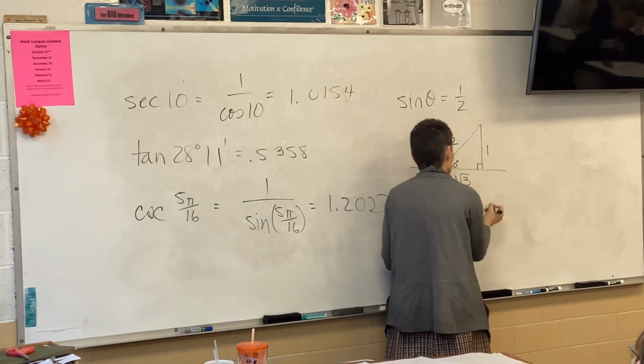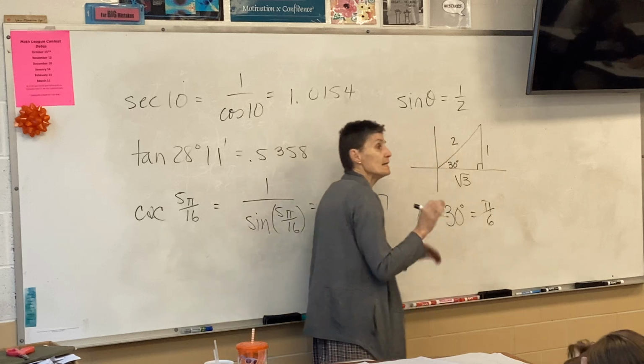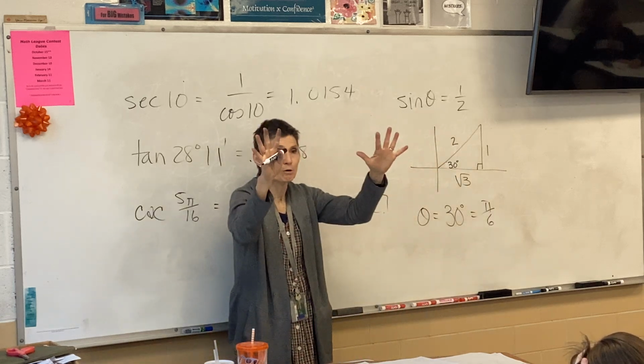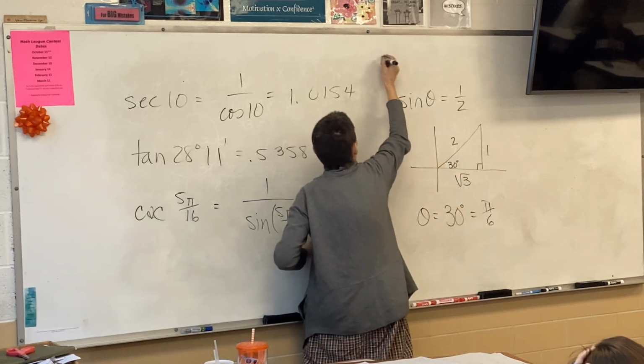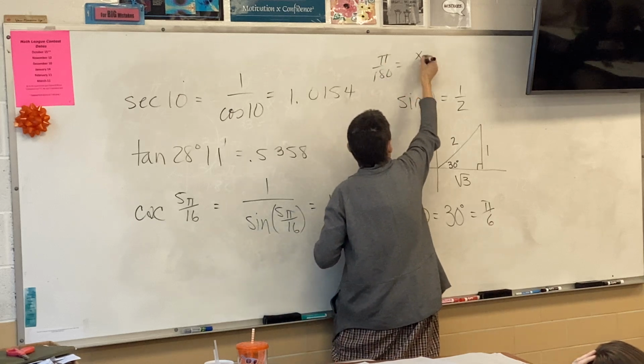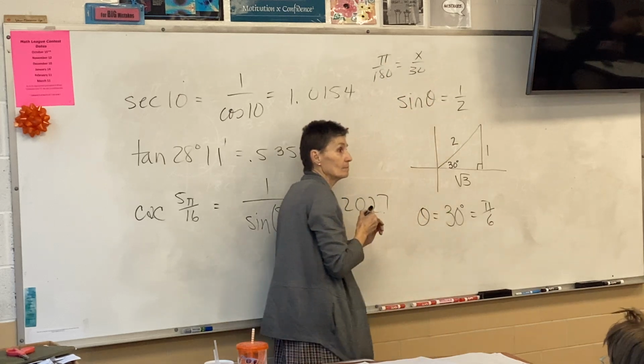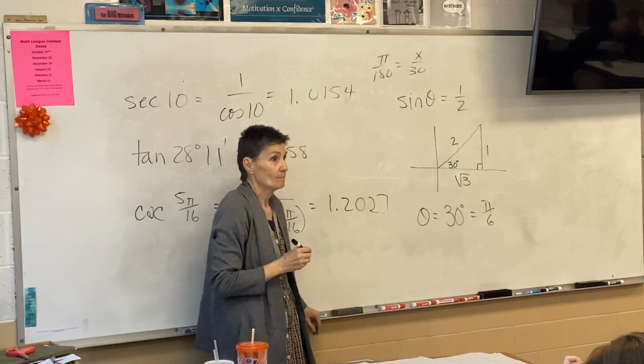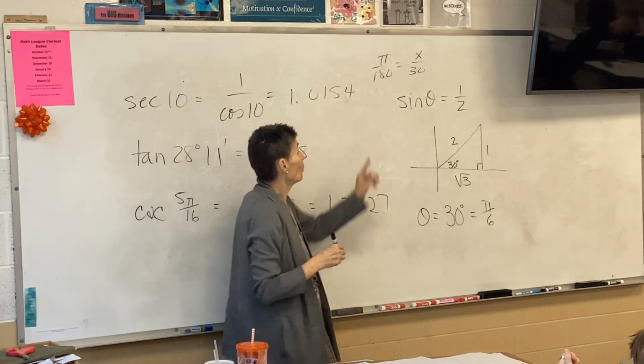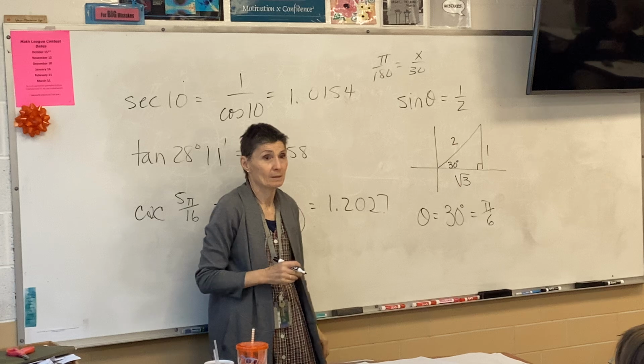So it's pi over 6. If that just totally blew your mind, pi over 180 equals x over 30, and you'll get pi over 6. But I'm hoping that you won't have to do that with every single problem.